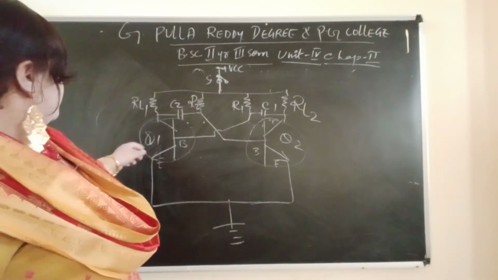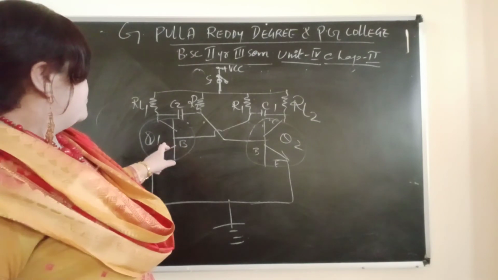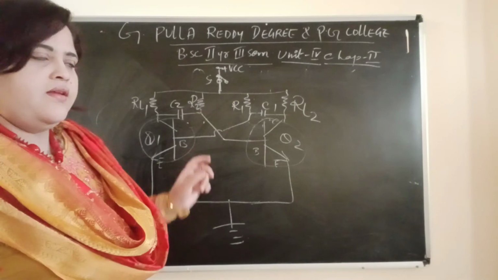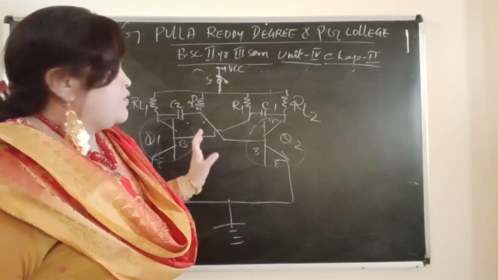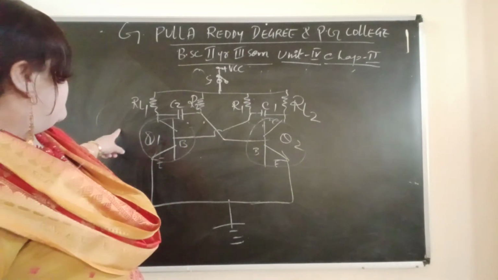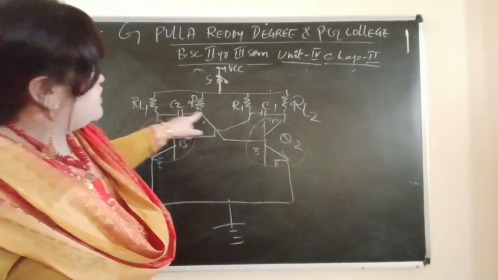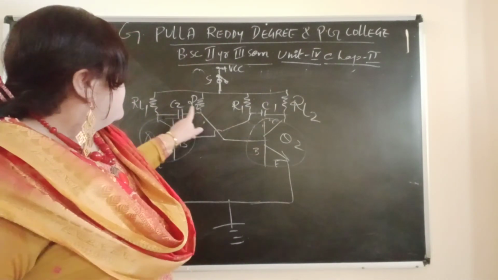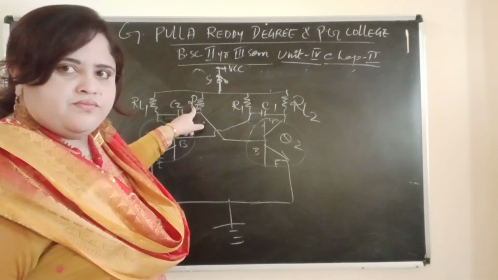In circuit description, the circuit consists of two transistors, Q1 and Q2. Output of Q1 is connected to the input of Q2 through C2 and R2.